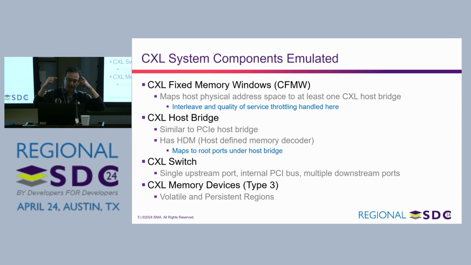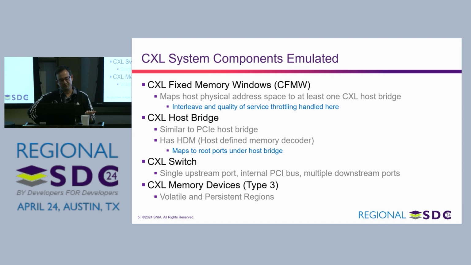So again, we're walking down, and then eventually you may have a CXL switch. I have a diagram next, and I'll walk through it on the next slide, but I wanted to introduce these terms. For QEMU, the switch currently only has a single upstream port, and then it could have multiple downstream ports, right? So one up and multiple down.